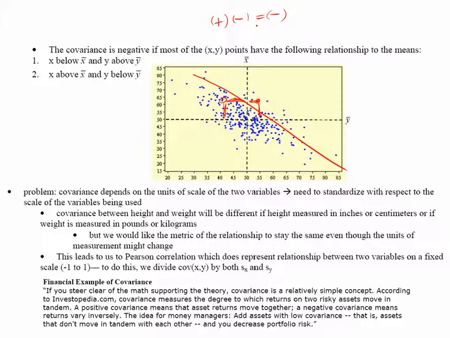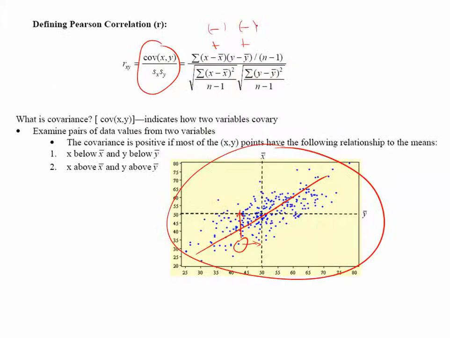Now, another problem. Covariance depends on the units of scale of the two variables. We need to standardize with respect to the scale of these two being used. This is why we divide by the product of the standard deviations of the two. So the standard deviation is in the same units as the covariance.